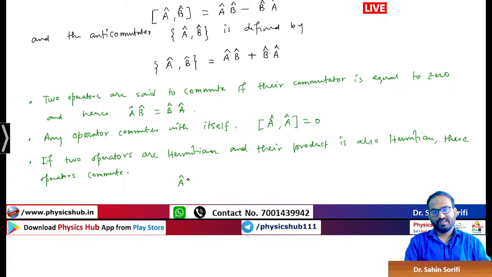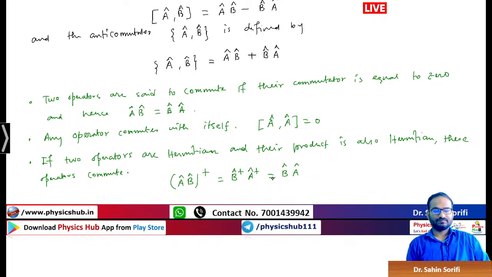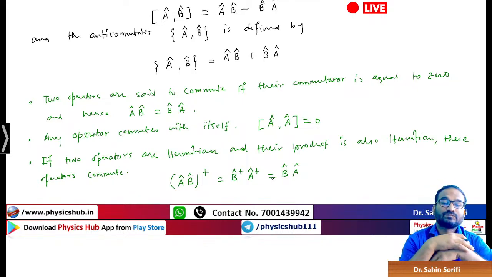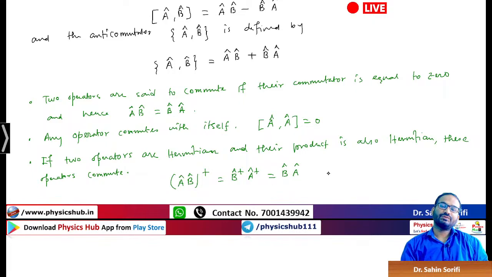Let's say A, B. What is the criteria for commuting? (AB) dagger, you see, it will act from the right. So this will be B dagger A dagger, because these operators are Hermitian, so B dagger is equal to B and A dagger is equal to A. So from (AB) dagger you get BA.